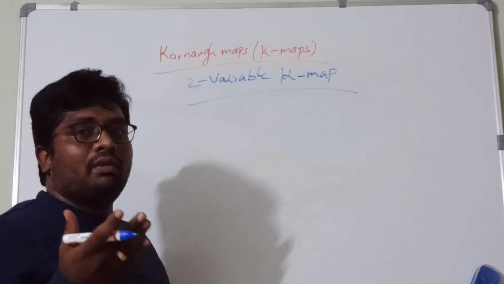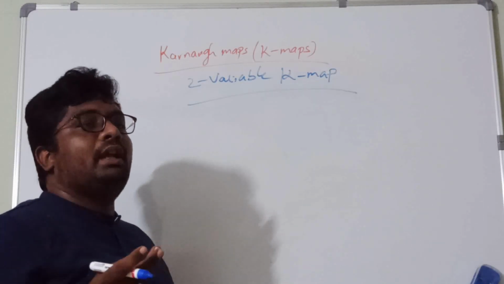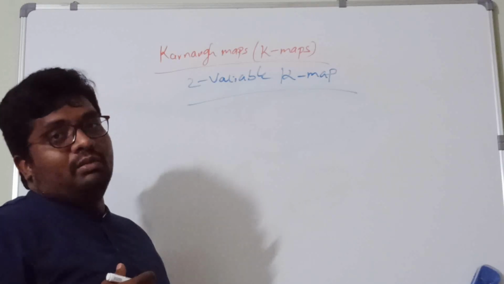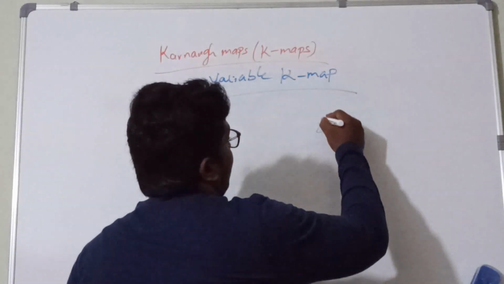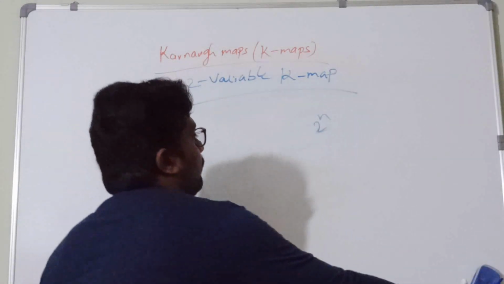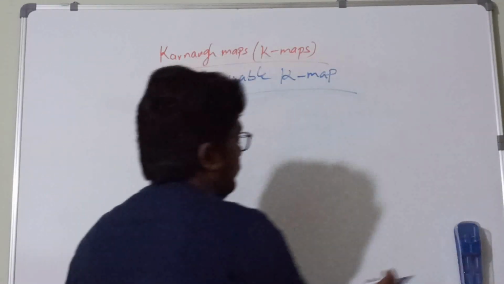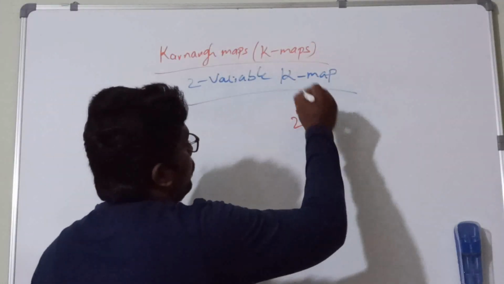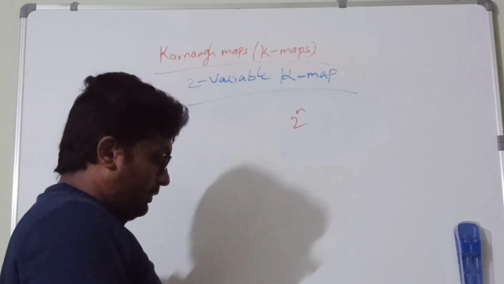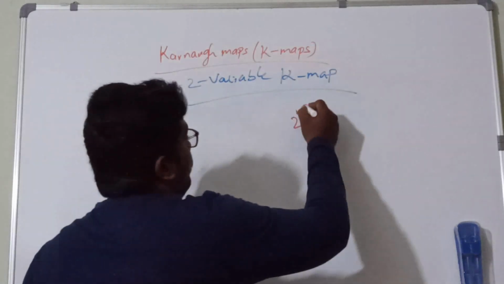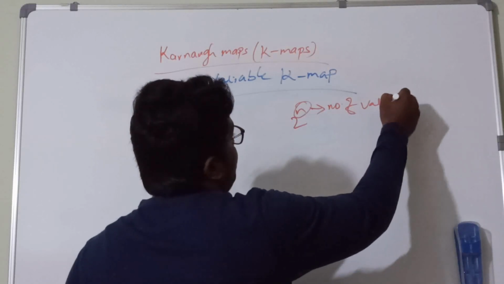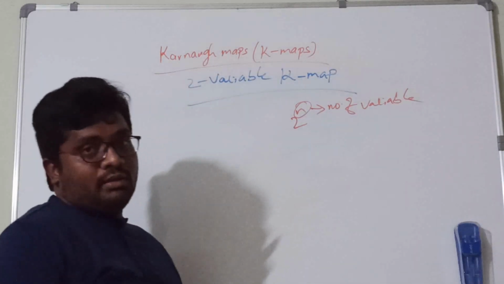One more point: if any number of variables is given, we have already discussed that a K-map is made up of squares, right? So how many squares are required for the given variables? We have 2 power n, where n represents the number of variables.